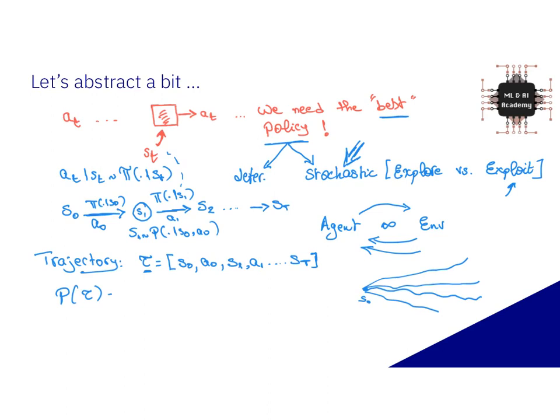To understand this, we know that P of tau is simply the joint distribution of S0, A0, S1, A1, up to ST.